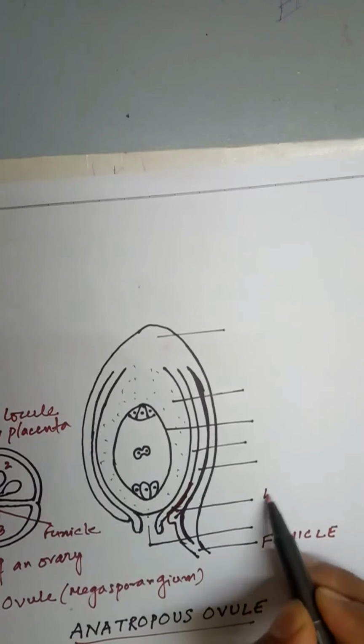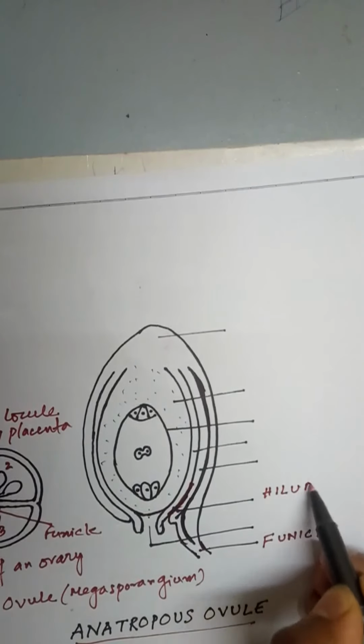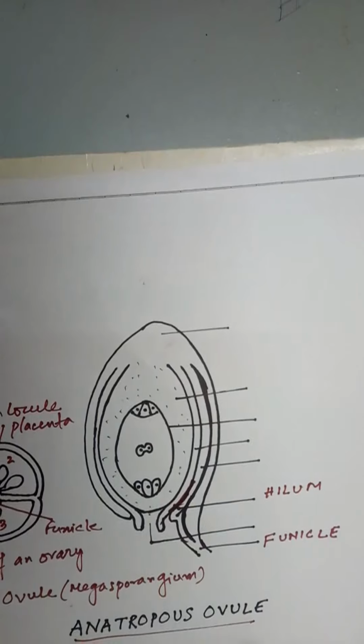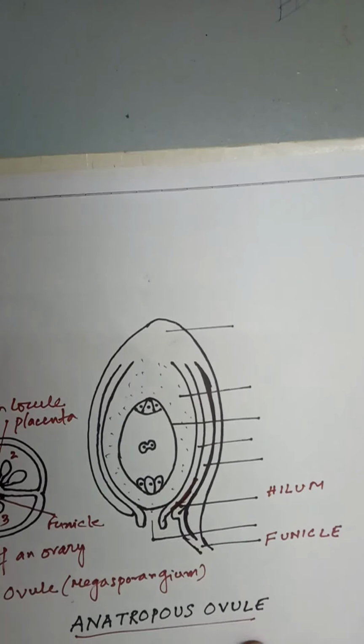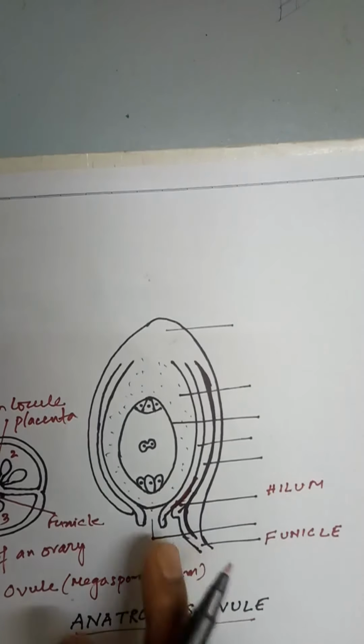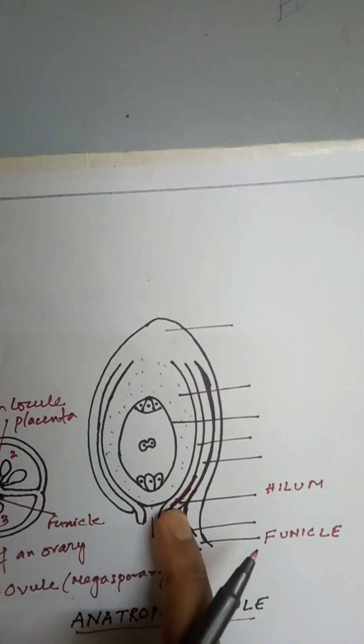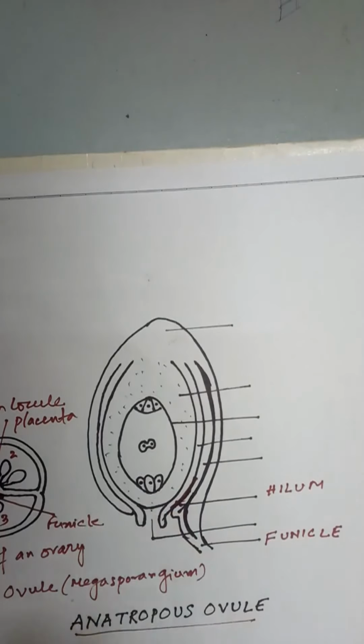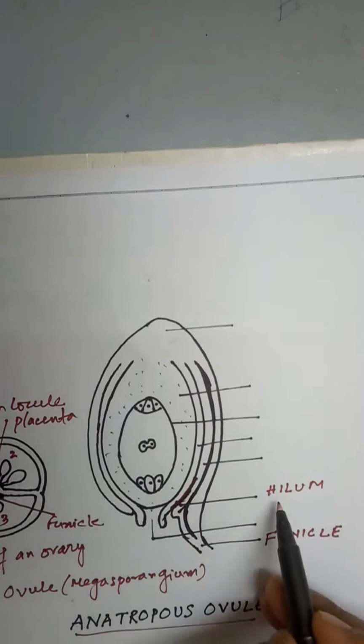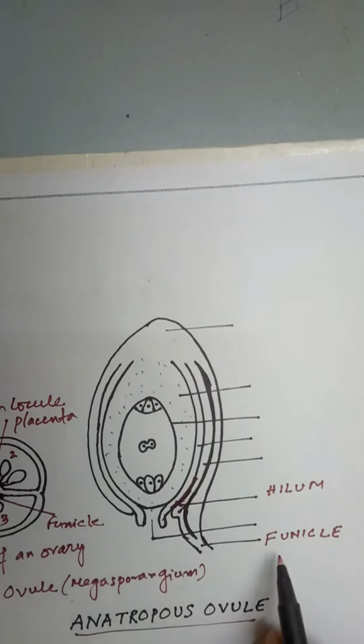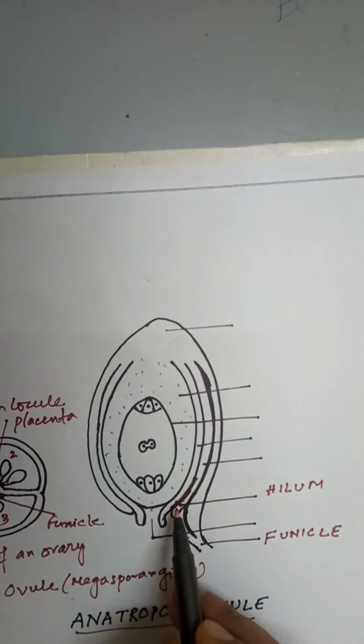So this point is called the hilum, H-I-L-U-M. Hilum is the point of attachment of the funicle with the body of the ovule. Very simple.